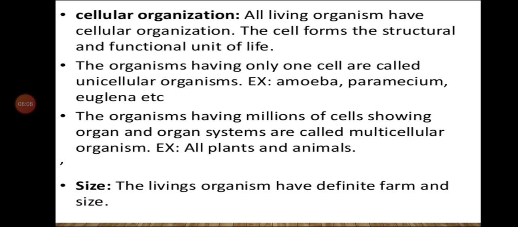Examples: amoeba, paramecium, euglena, etc. And if the organisms have many cells, showing organs and organ systems, then they are called multicellular organisms. Examples: all the plants and animals. The next characteristic is size. Living organisms have a definite shape and size.